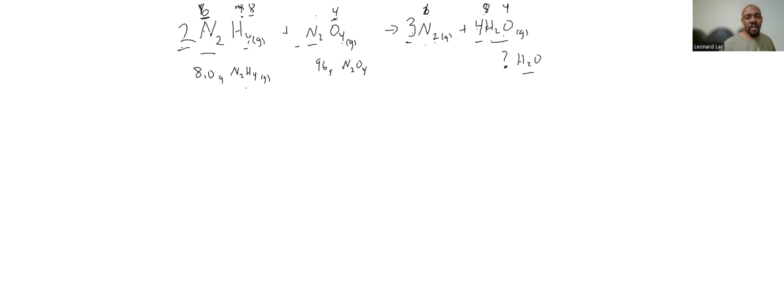So if we want to know the number of moles of the hydrazine, we do 8.0 grams of hydrazine times 1 mole of hydrazine divided by 32 grams of hydrazine.